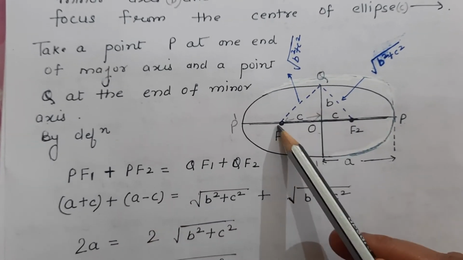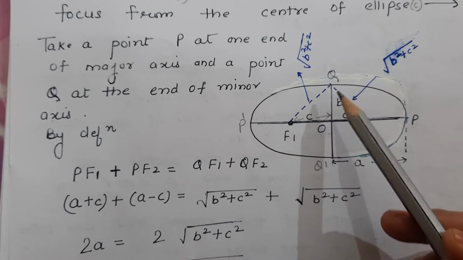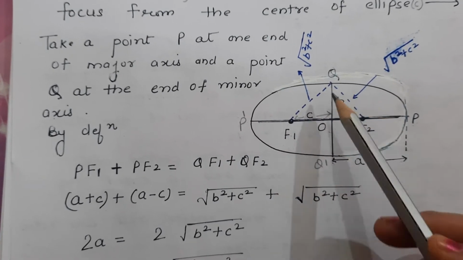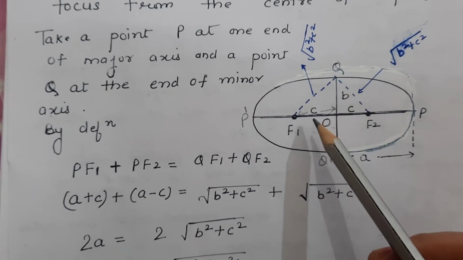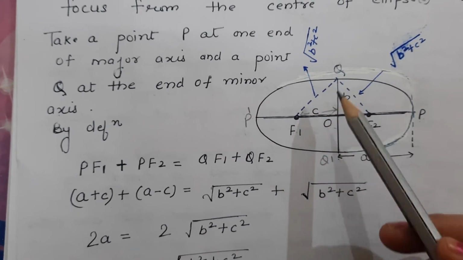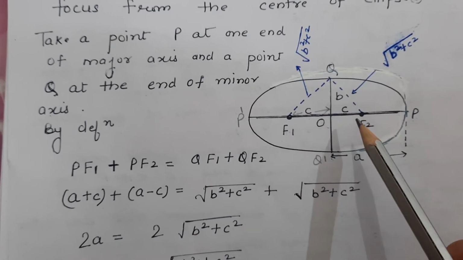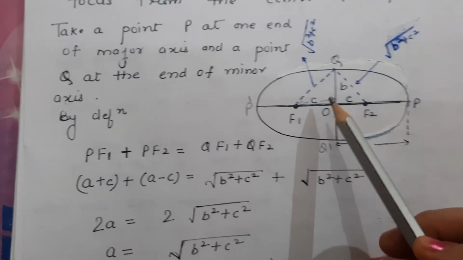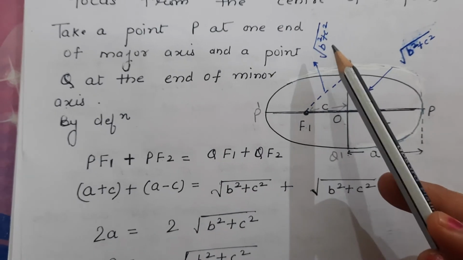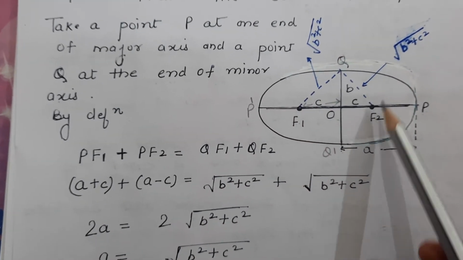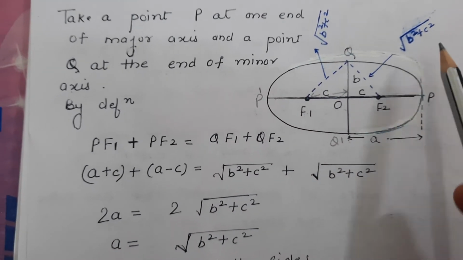Now come to QF1. Join these two, QF1 and QF2. Look, this is a right angle triangle with this side B, this is C, and QF1 and QF2 are the hypotenuse. So by using Pythagoras, these two must be equal to root b square plus c square. Same way QF2 is also root b square plus c square.